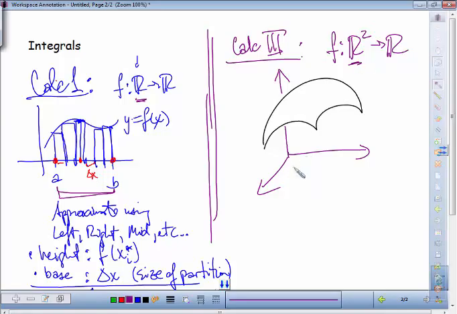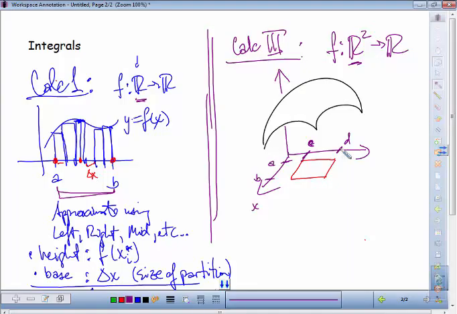And for us, the easiest type of area to look at is a square. So let's take a look at a square base to be the area of integration that we have. And maybe your x values go from A to B, and then your y values go from C to D or something.